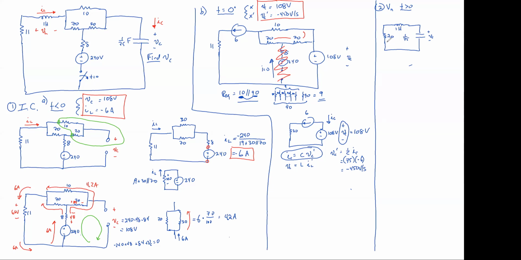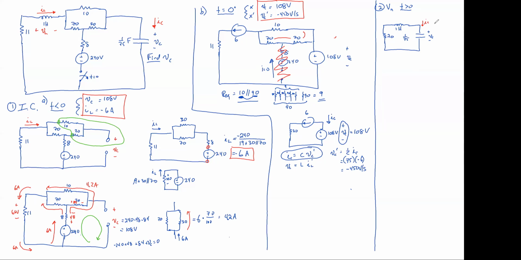And it becomes just this by the same reasoning we did before. We do need to be careful about drawing in our parts. We've got to draw our IC coming down here, and that's about it.